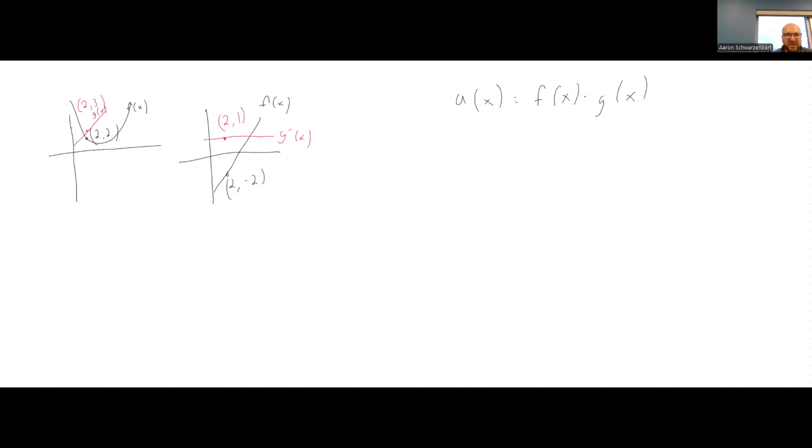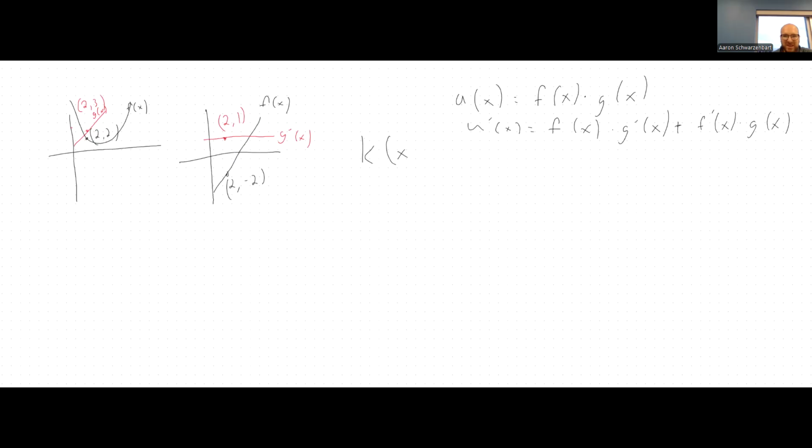If I say, hey, we know that this is the product rule, u prime of x equals f of x times g prime of x plus f prime of x times g of x.